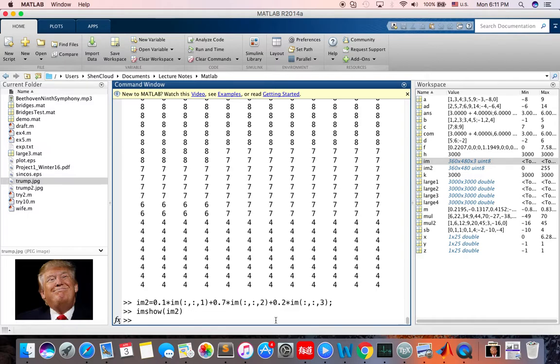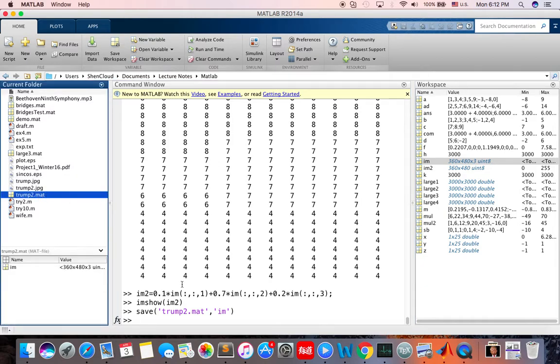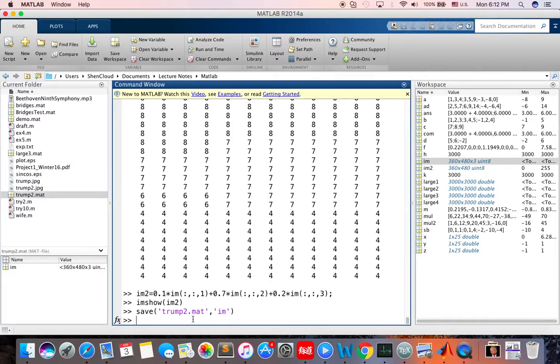So we can use save image to jump2.mat, and the name of the variable is image here. So now the matrix image is saved here in jump2.mat, and also we can save the image in a JPEG file.